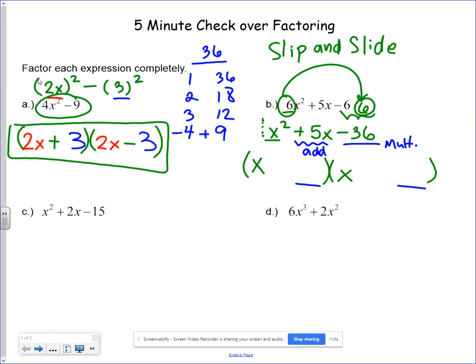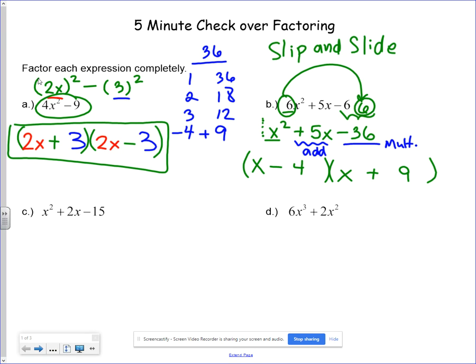Negative 4 times 9 is negative 36. Negative 4 plus 9 is positive 5. So the factors of this trinomial, x squared plus 5x minus 36, are the quantity x minus 4 times the quantity x plus 9. But I'm not done yet.